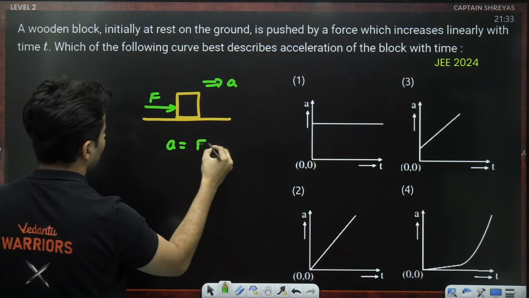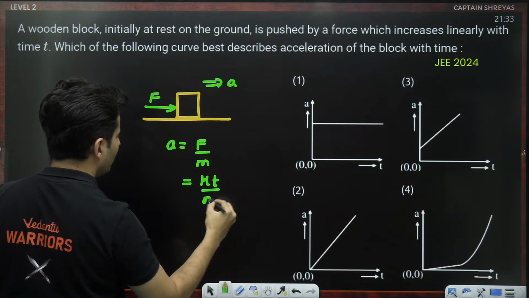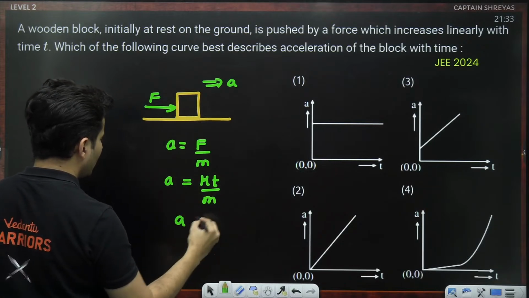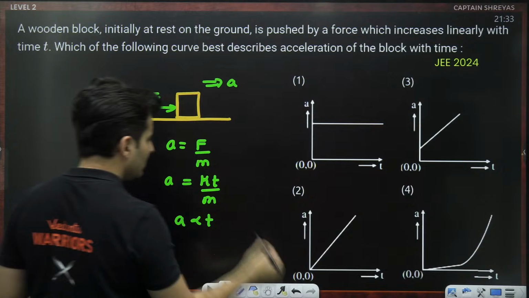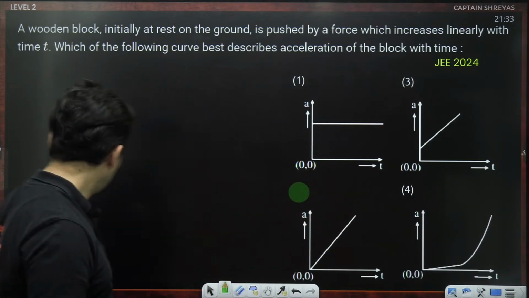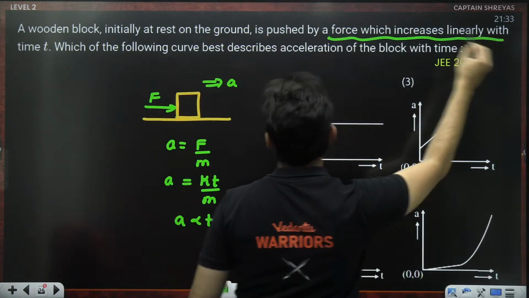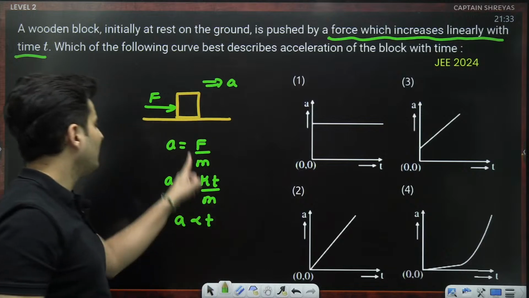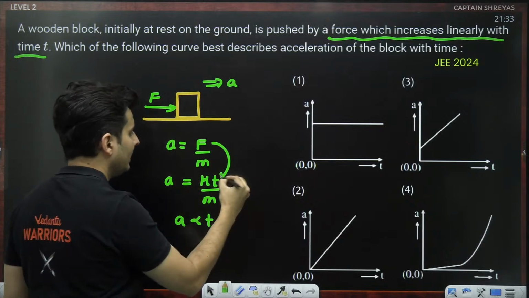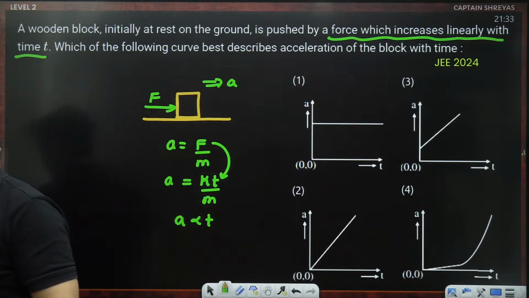So acceleration will be force by mass, but the force is linearly proportional to time, clearly mentioned. So therefore the acceleration is also proportional to time, starting off with 0. So hence this option should be correct, starting off with 0. The force is itself increasing linearly with the time. So that's why I said F is nothing but KT. F is nothing but some constant into time, K is some constant. It's okay.